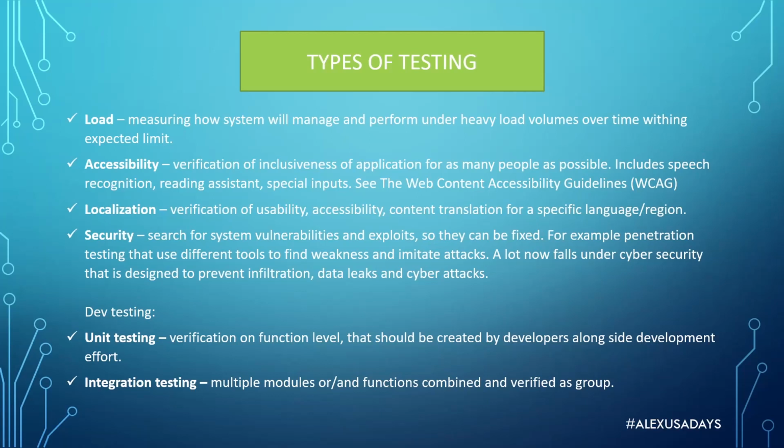Then there's localization, and it is verification of usability, accessibility, and content translation for a specific language region. So not only that it's translated properly, but it also makes sense. There are maybe some phrases that are common for the region and the overall application. So it's going to be different localization testing, for example, for Spain.